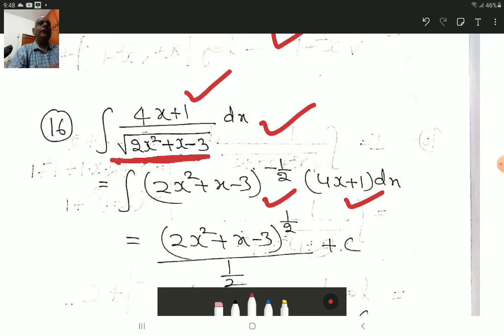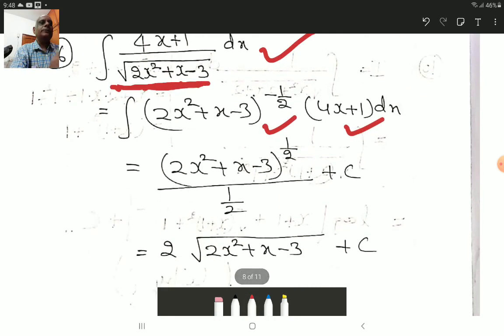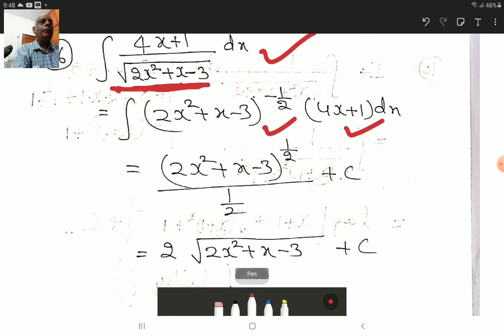So answer will be (fx) whole power n plus 1, that is (2x square plus x minus 3) whole power minus half plus 1, that is half, upon n plus 1, that is minus half plus 1, which is half, plus c. So formula used is integration of (fx) whole power n into f dash x dx is equal to (fx) whole power n plus 1 upon n plus 1.